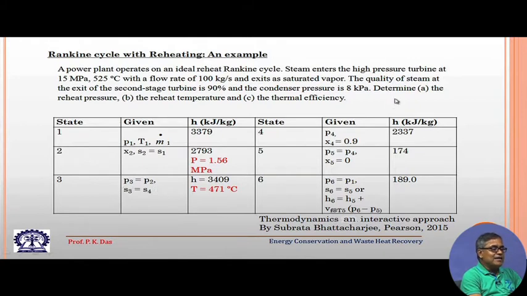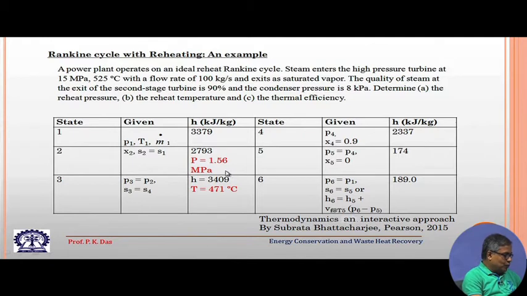Then there is another piece of information given in the problem: the quality of steam at the exit of the second stage turbine is 90% and the condenser pressure is 8 kilopascal. This is regarding our state 4. All the conditions of state 3 we cannot calculate right now, we have to go to state 4, but one thing we know regarding state 3 is that its pressure is 1.56 megapascal.